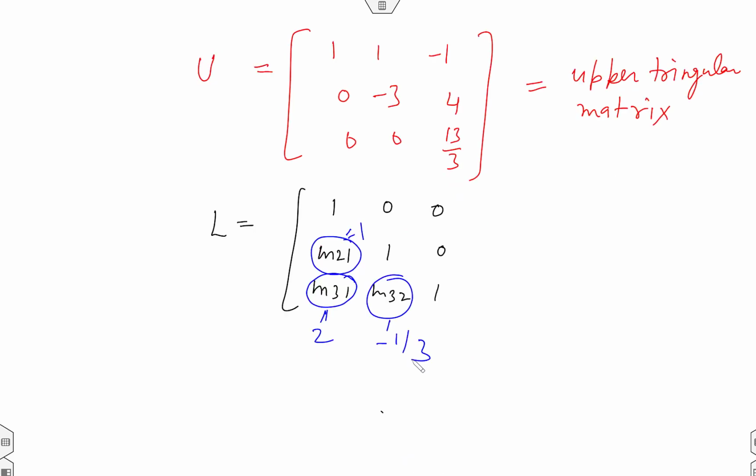So this is your L: 1 0 0, 1 1 0, 2 minus 1 upon 3 and 1.